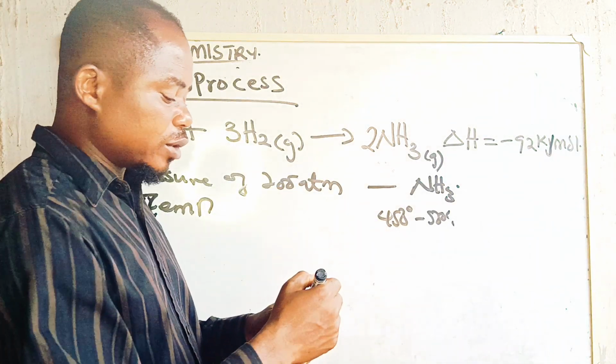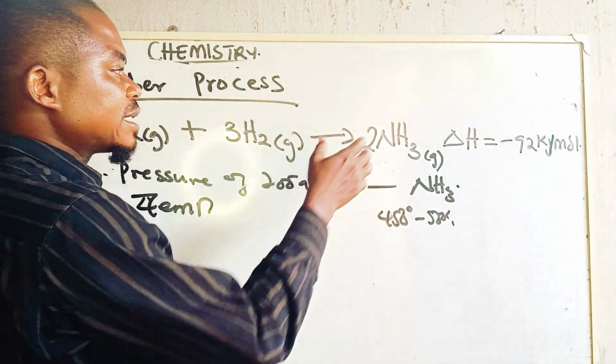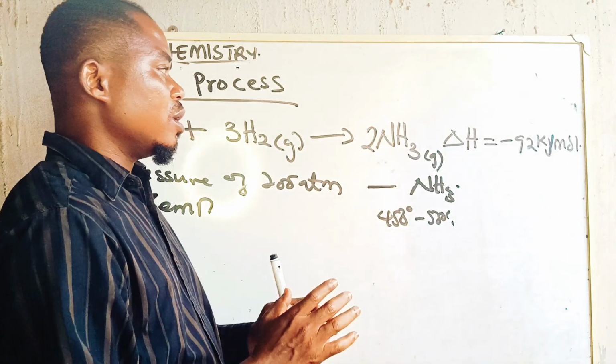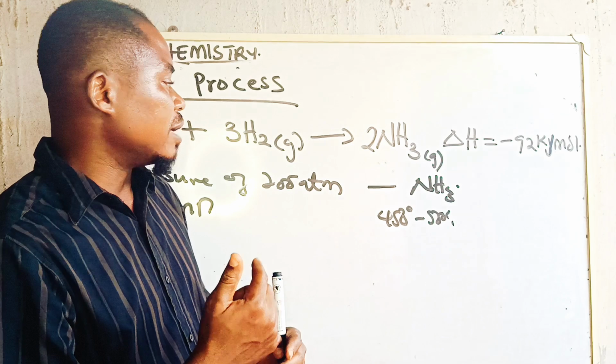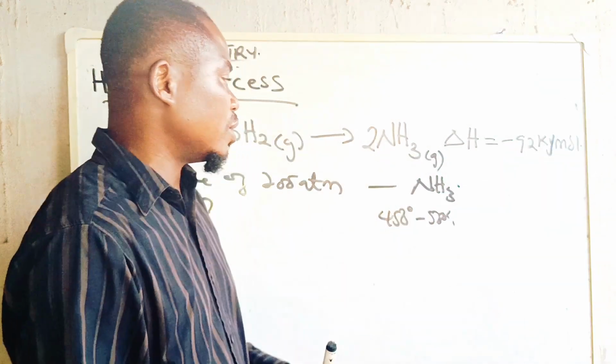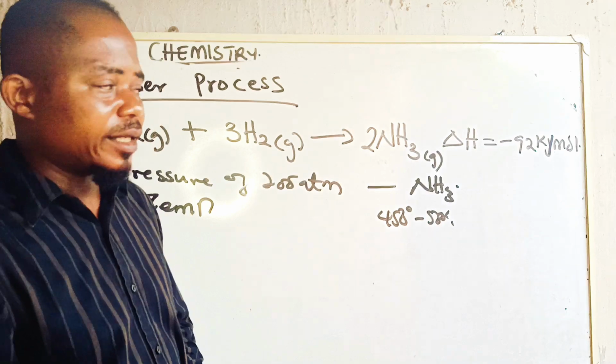Because in an exothermic reaction, high temperature favors what? It shifts equilibrium to the left. So in this case, they use moderate temperature, because if you use a temperature that is too low, the reaction will be too slow. So they use moderate temperature, and the production of ammonia is also favored. It shifts equilibrium to the right.